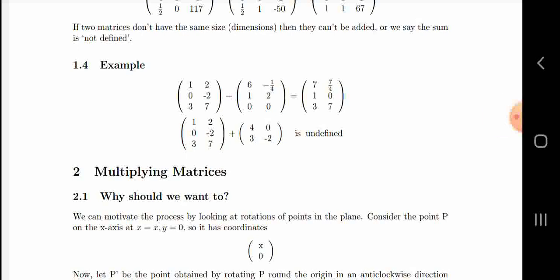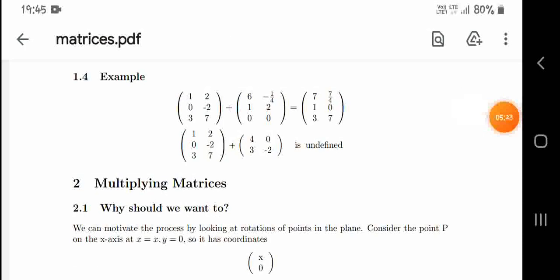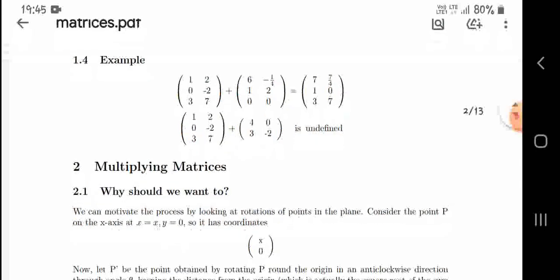We cannot define it because one matrix has three columns, but here the other has only two columns. How can we do it? It is not possible, so it is undefined.